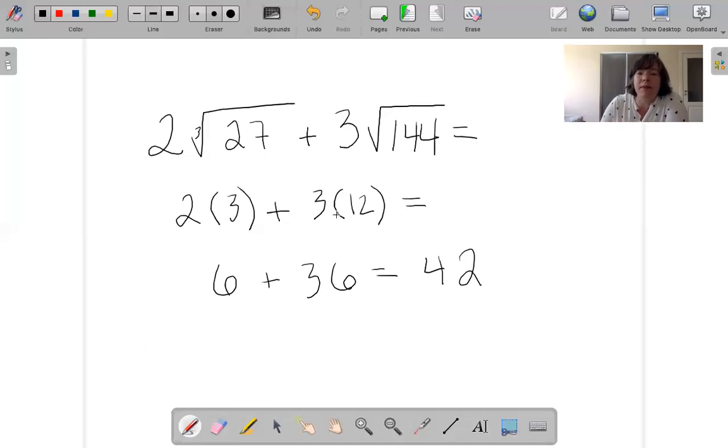It's just about making it look easier. This question looks kind of scary. Even at my age and as a math teacher, it's a little intimidating. And all we do is we make it easier and easier until we can solve it.